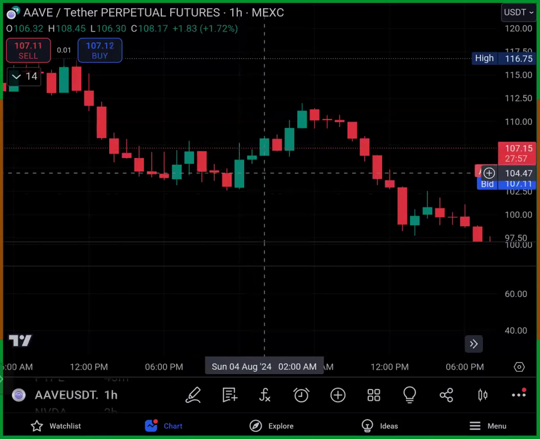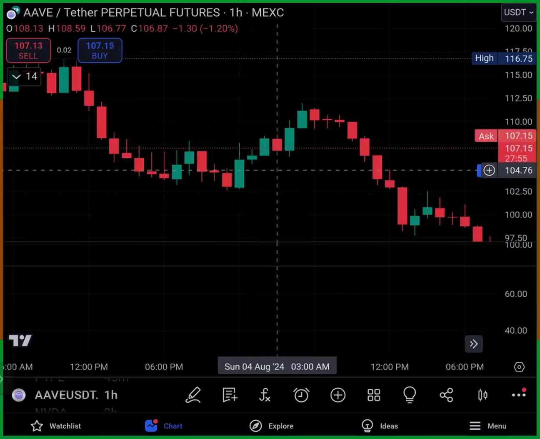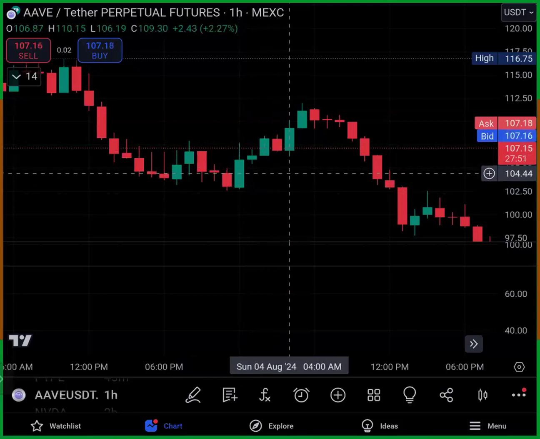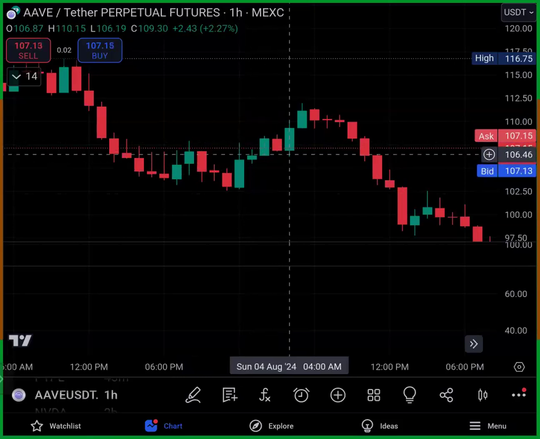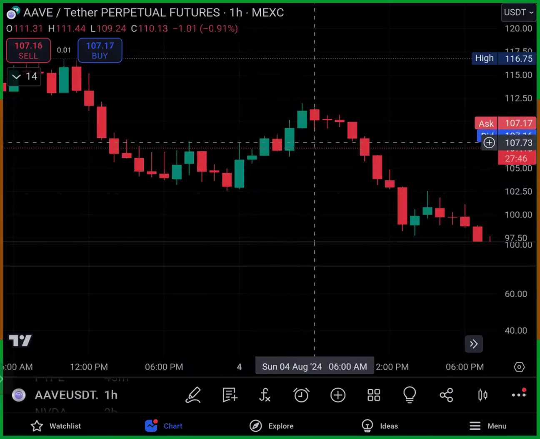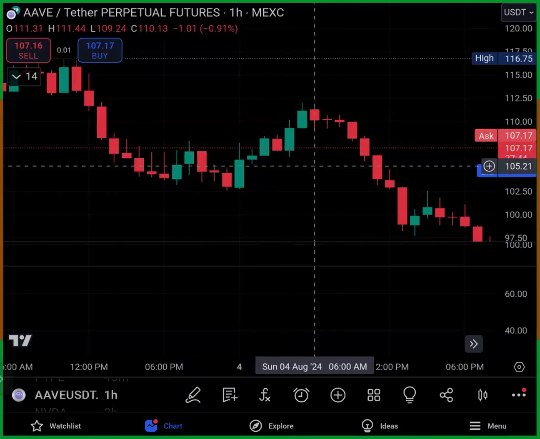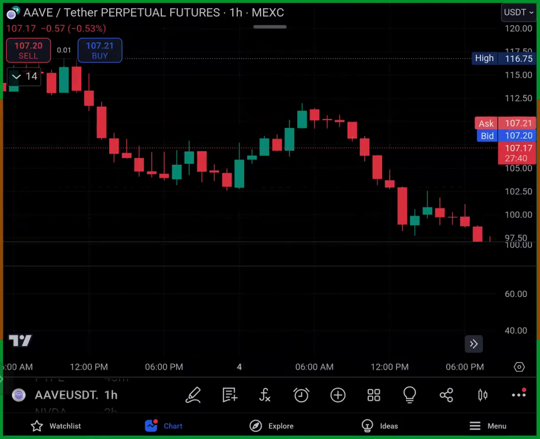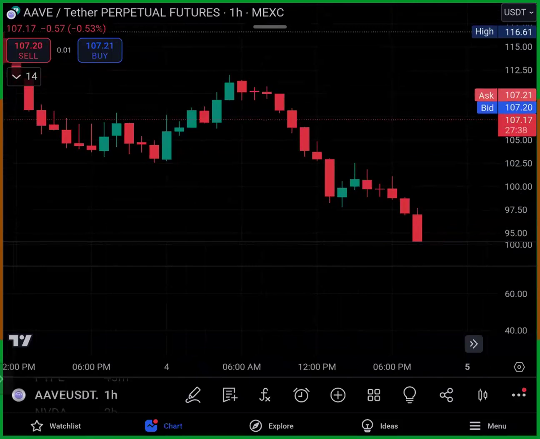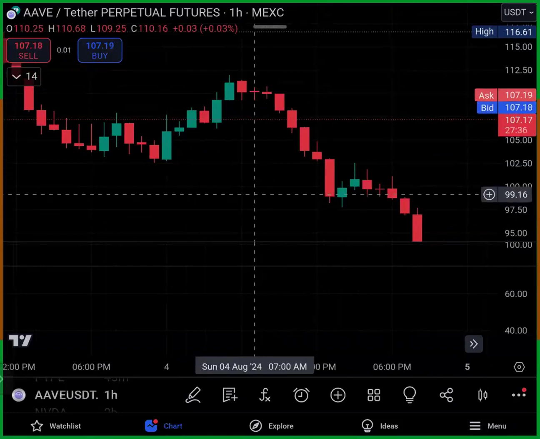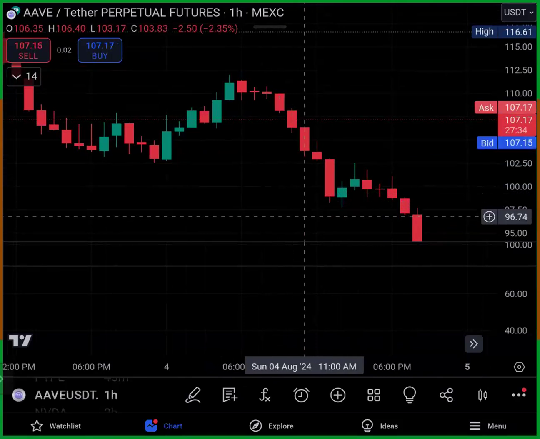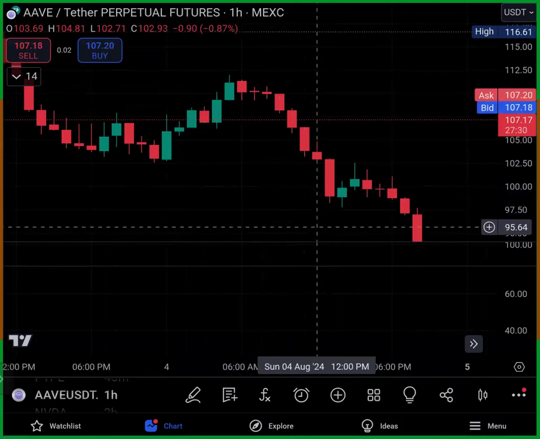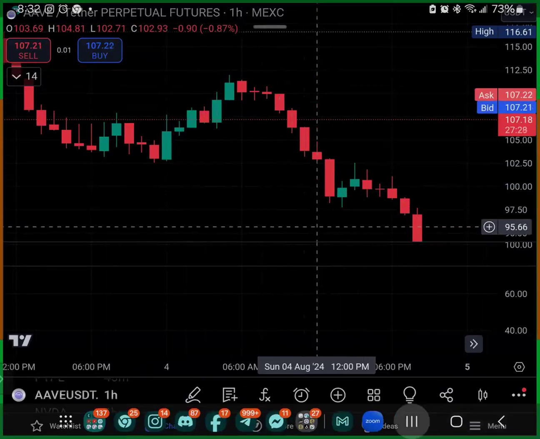The sellers right here in the red tried, but they weren't strong enough. We still got buying over here, and finally the sellers regained control right here. So I'm on the hour time frame. Each of these candles is an hour, and we'll be talking about time frames later on and why it's important.